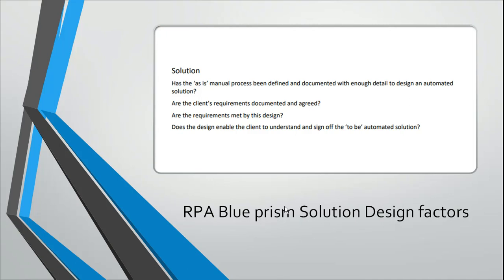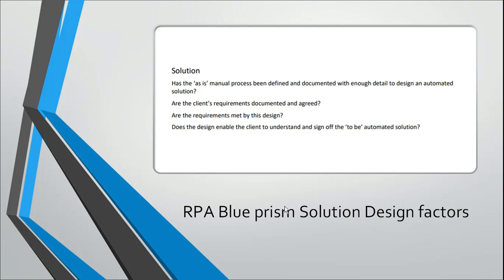In this video we are going to discuss RPA Blue Prism solution design. When we talk about solution design, some companies, MNCs, have their own format of solution design document.